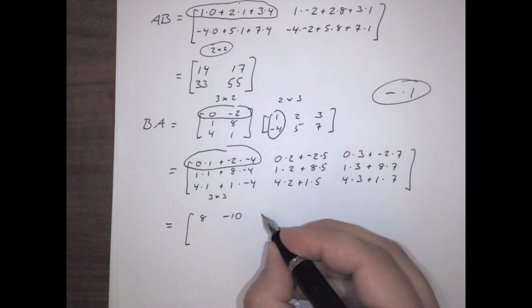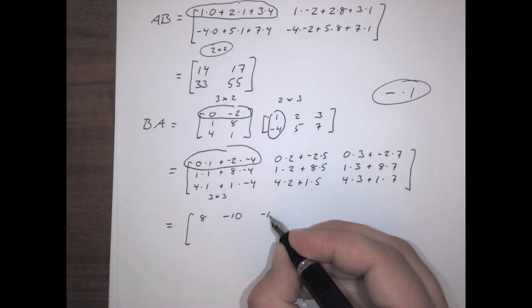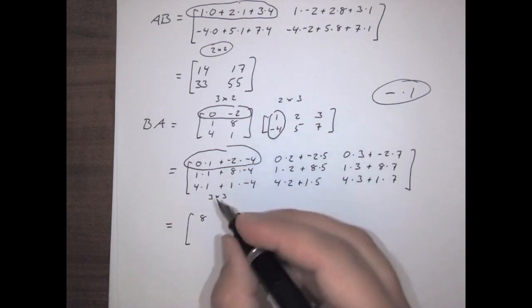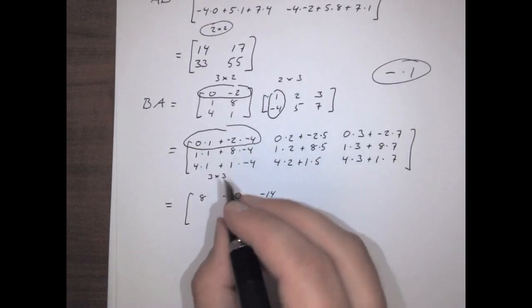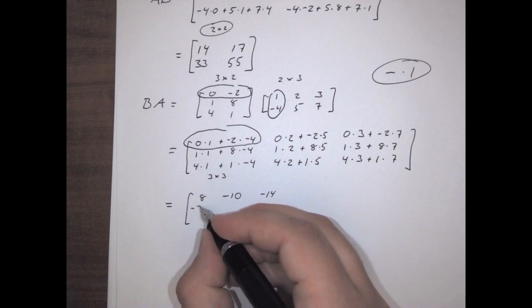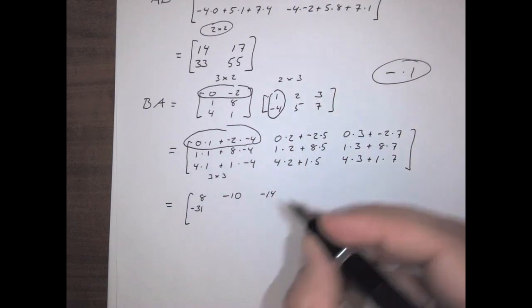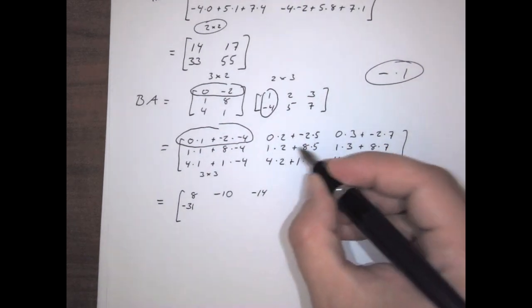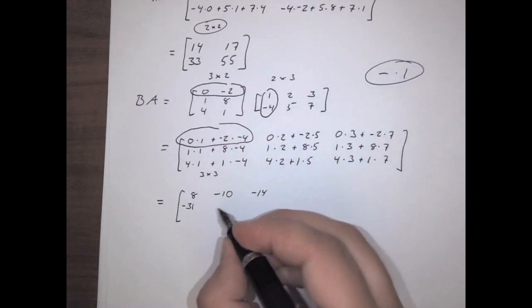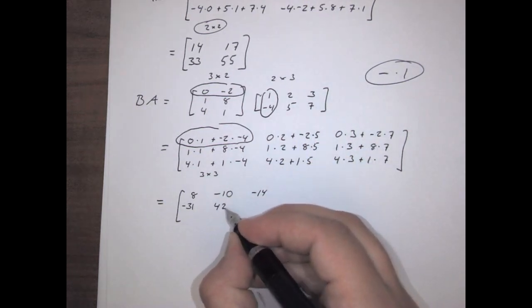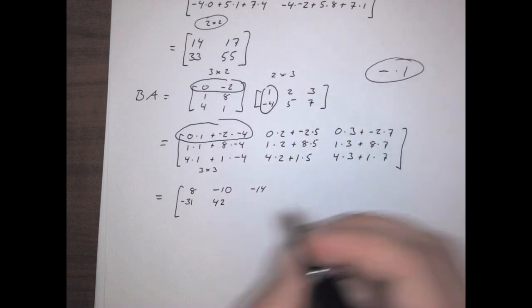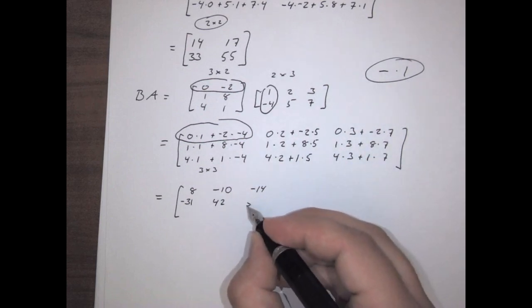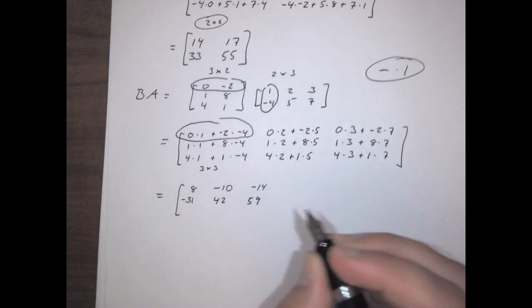And 0 plus negative 14 is negative 14. 1 plus negative 32 is going to be negative 31. 2 plus 40 is going to be 42, and then 3 plus 56 is going to be 59.